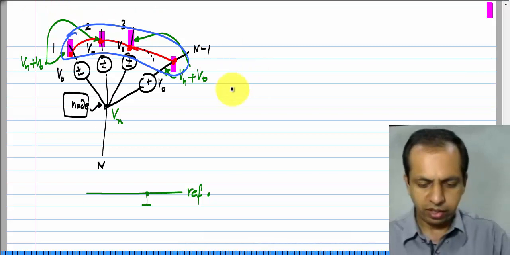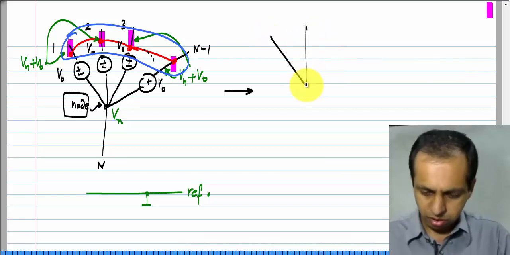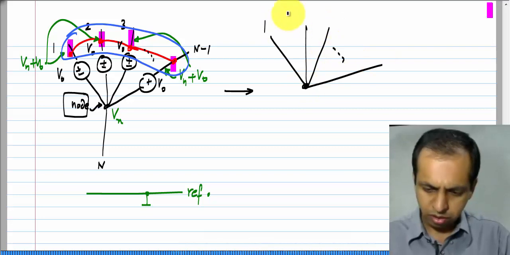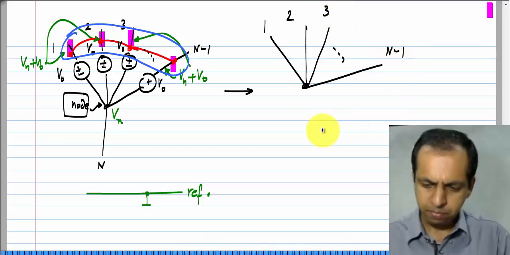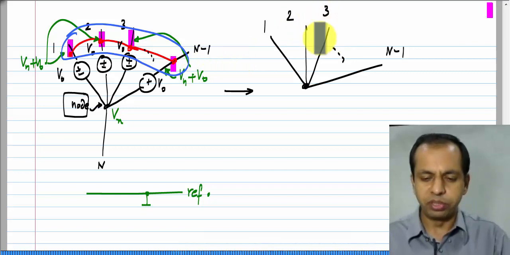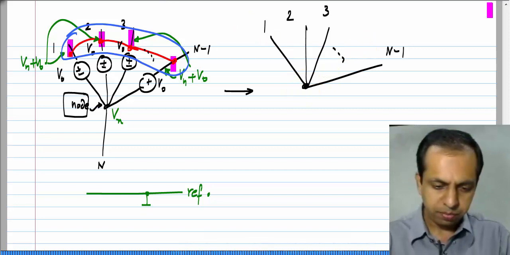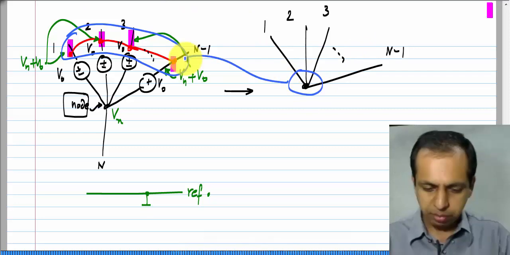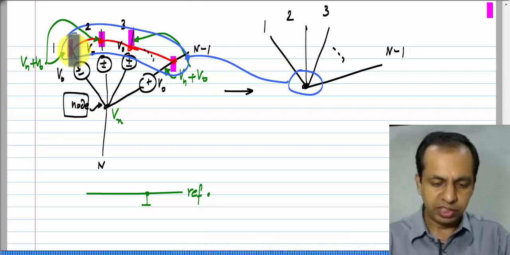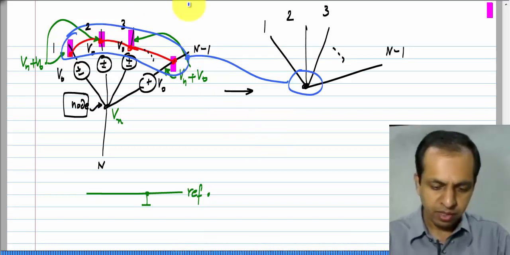If I rewrite this, I will get all these branches here 1, 2, 3, n minus 1, wherever they are going to some things. I have not shown what they are, because that is not of concern. And this node here is the same as that node, which is formed by merging all these nodes, because I shorted all of those nodes together.